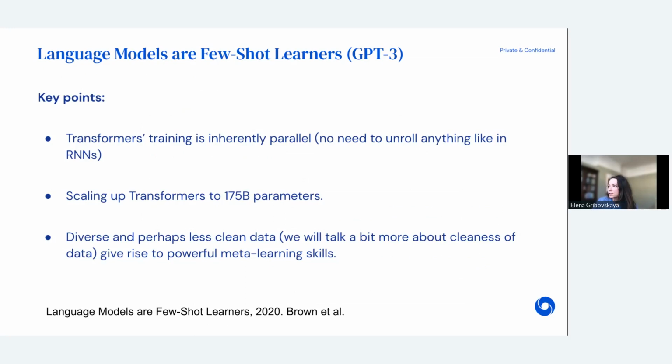So GPT-3 model contains 175 billion parameters. To train such a big model, OpenAI also compiled a very large data set, which contains both uncurated and curated data. So the data set is diverse and less clean, but this diversity gives rise to powerful meta-learning skills.